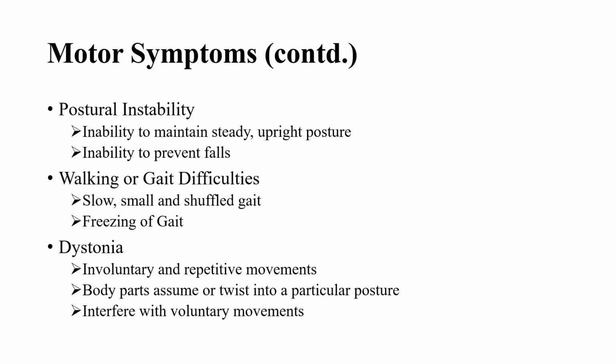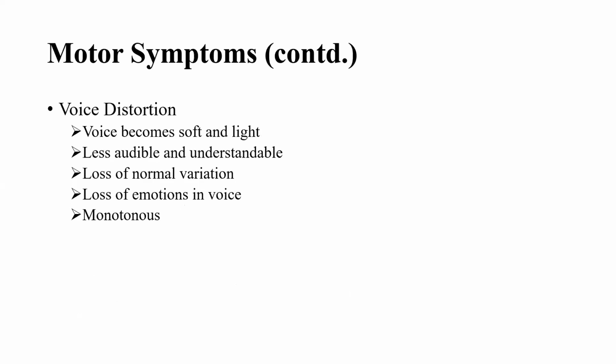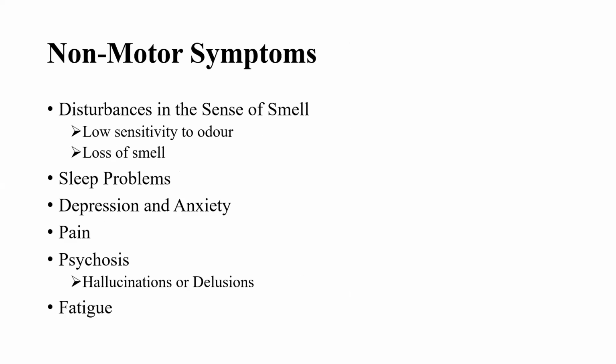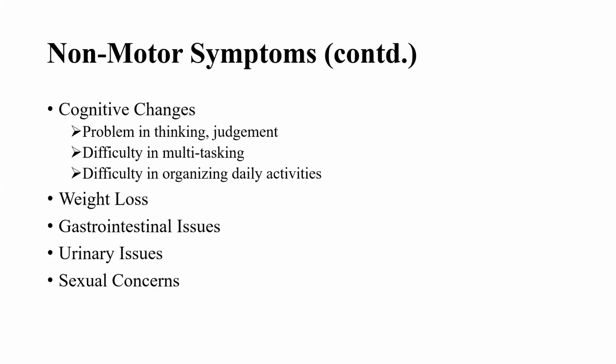There is a problem of dystonia, that is they have involuntary and repetitive movements over which they have no control. Next is voice distortion. Voice becomes very light and less audible. As we speak, we give expressions through our voice, but they are not able to give those expressions. And the non-motor symptoms include sleep problems, depression, anxiety, pain, hallucinations, fatigue, and there are other non-motor symptoms.